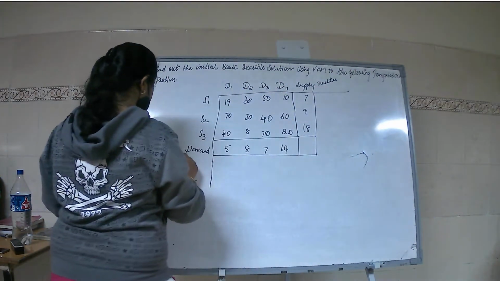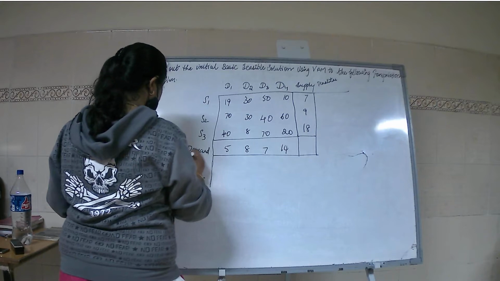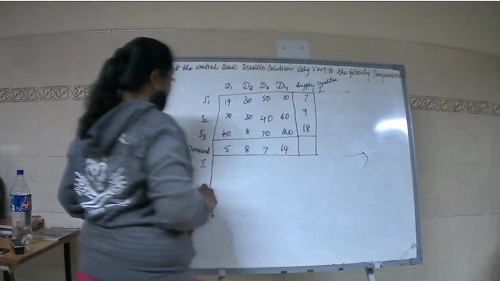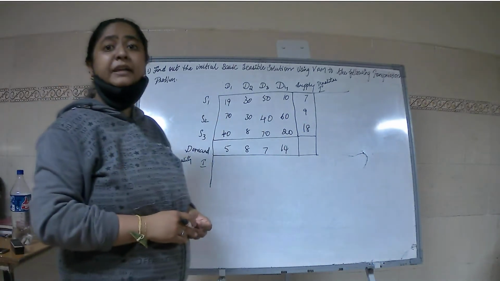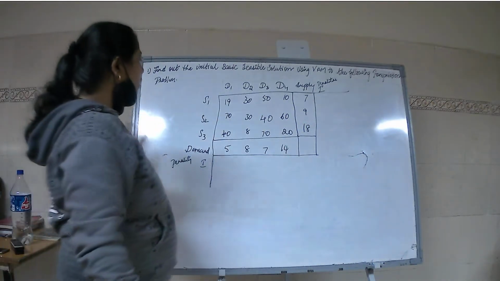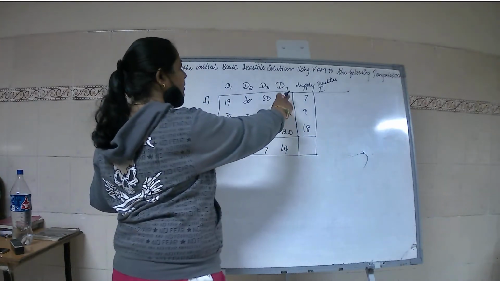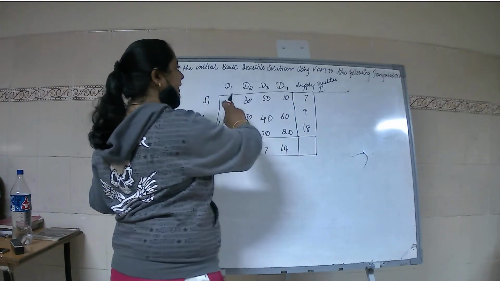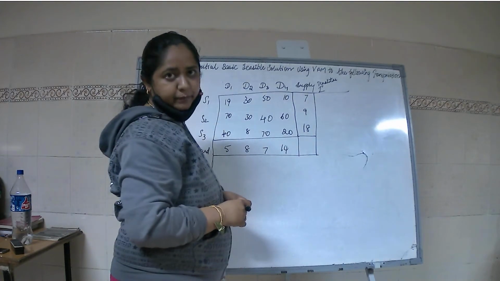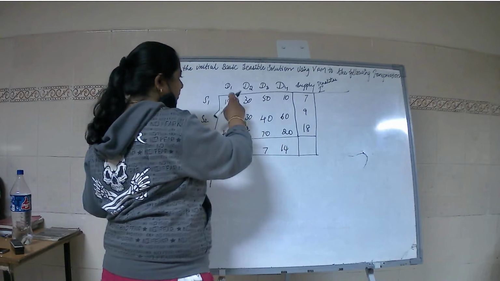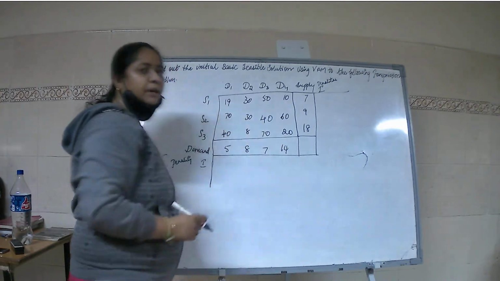So we will go with the first penalty on both demand and supply. How do you calculate a penalty? Suppose you are taking the row: you have to subtract the minimum from the next minimum value. If I take the column, I'll likewise subtract the minimum from the next minimum value.